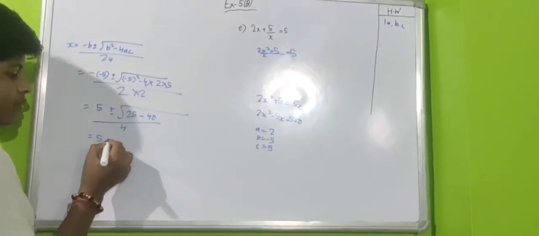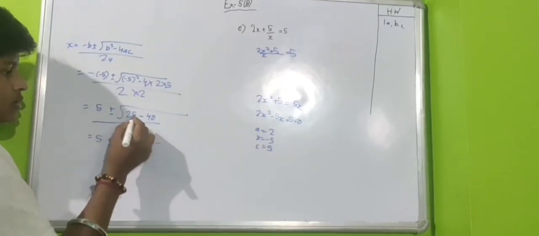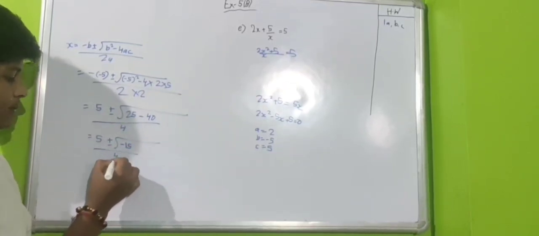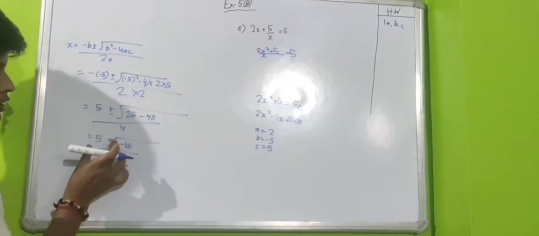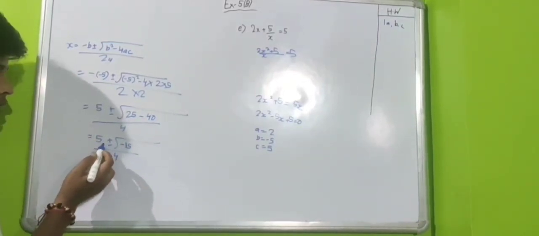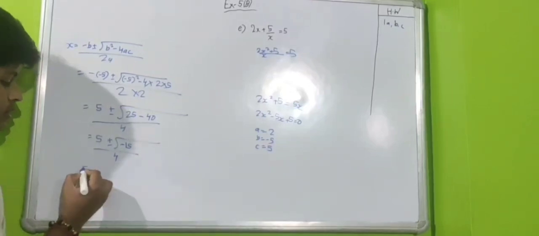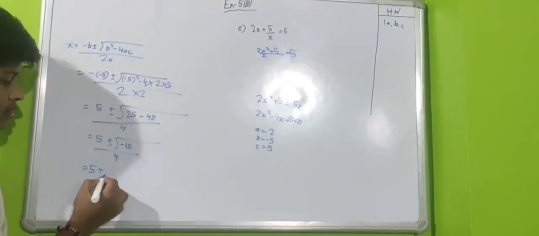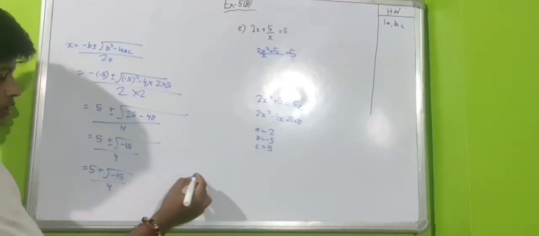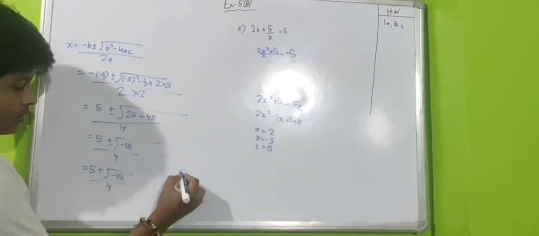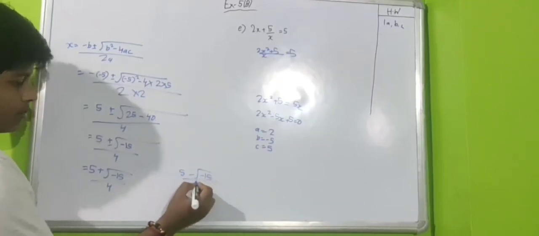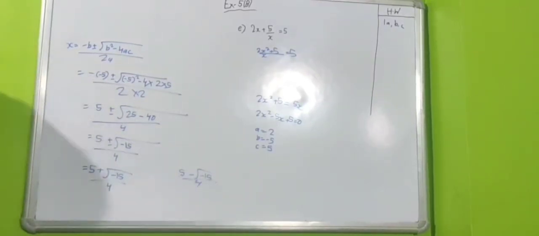It will be 5 plus minus root of minus 15, by 4. Now there are two signs, plus and minus, so separate it: 5 plus root minus 15 by 4 on one side and 5 minus root minus 15 by 4 on the other side.